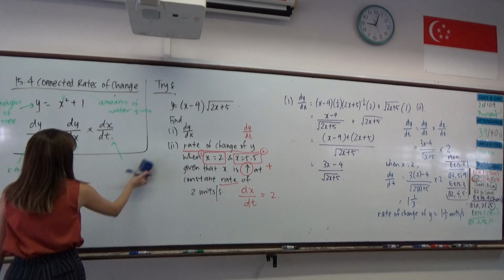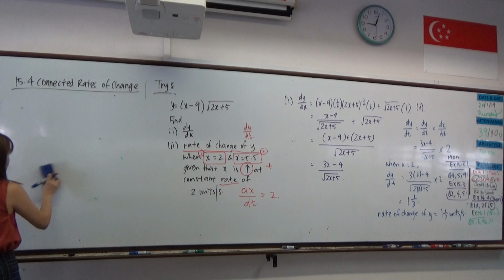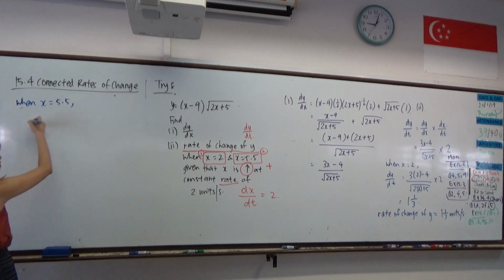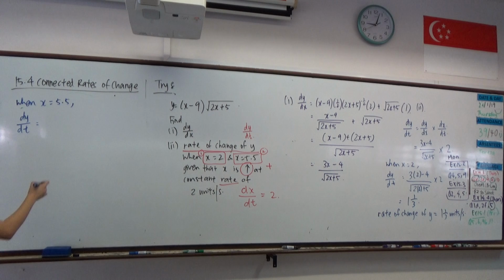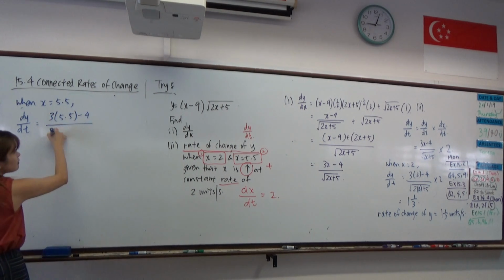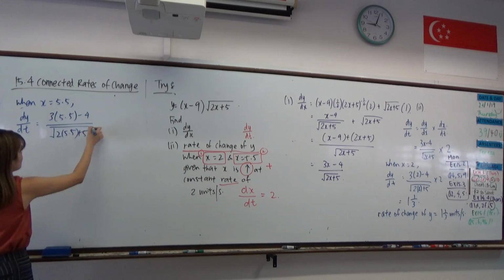Yeah, so I'm going to do a second case now. So likewise, when x is equal to 5.5, the rate of change of y will be (3 times 5.5 minus 4) divided by the square root of (2 times 5.5 plus 5), times 2.